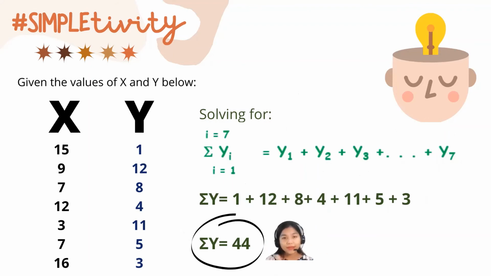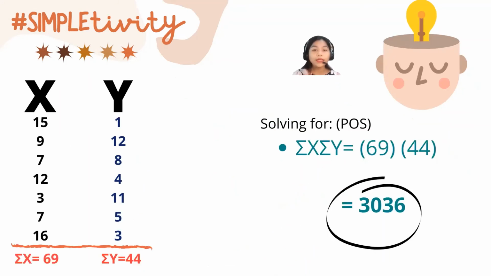So we have already obtained the summation of x and the summation of y. Now let's proceed to solving the POS, the product of sums. If we talk about the product of sums, we will surely observe two sigma notations. First is getting the summation of x, then getting the summation of y, and then multiplying the two values of the two variables.